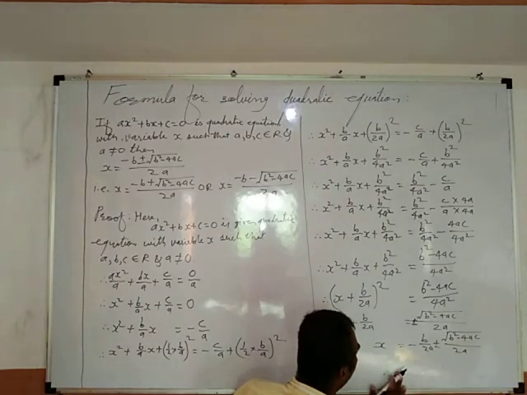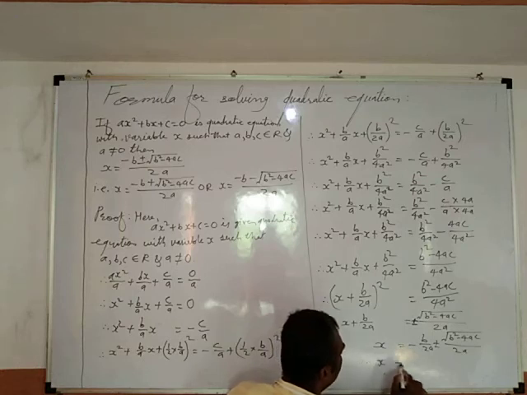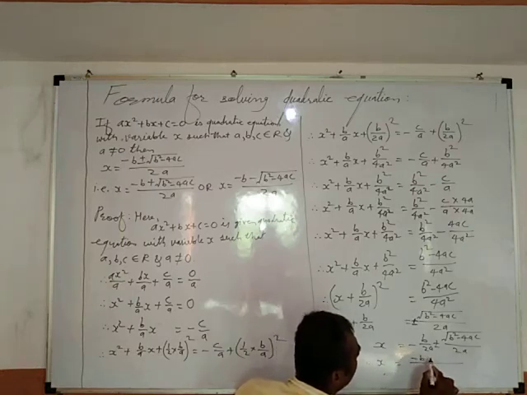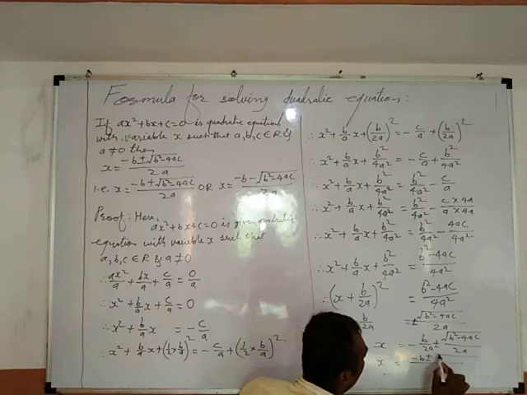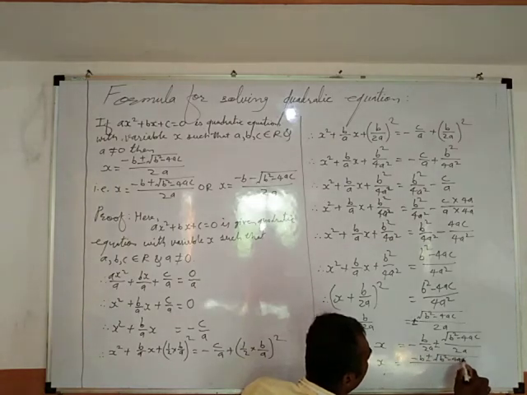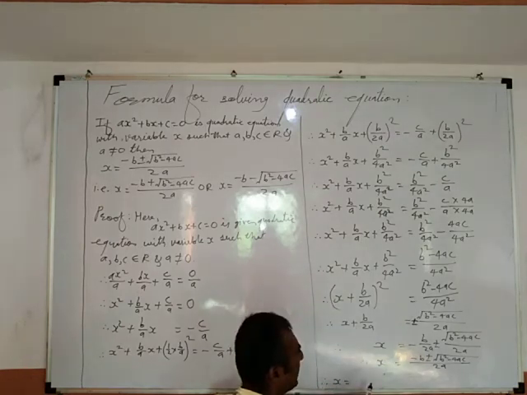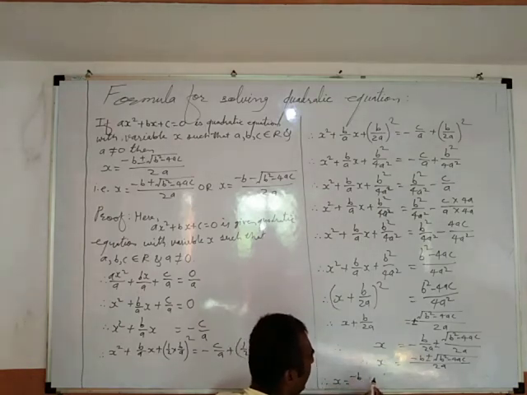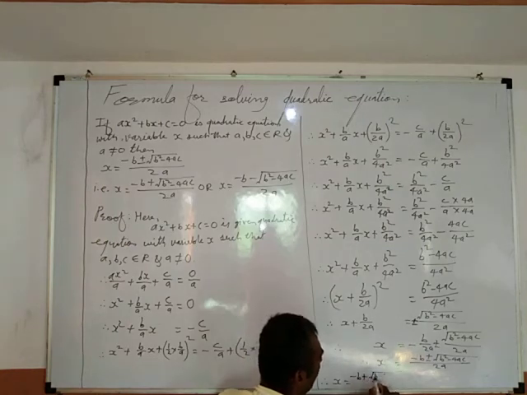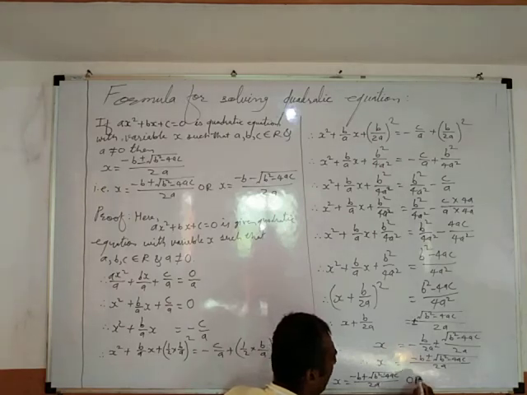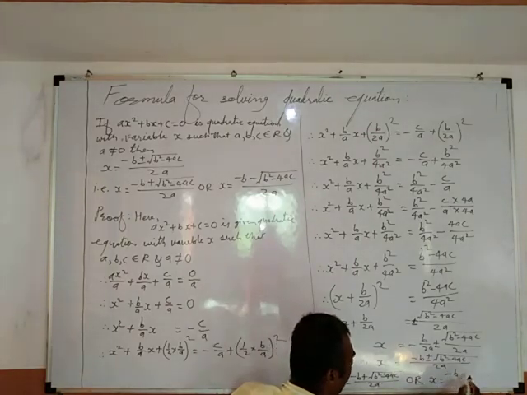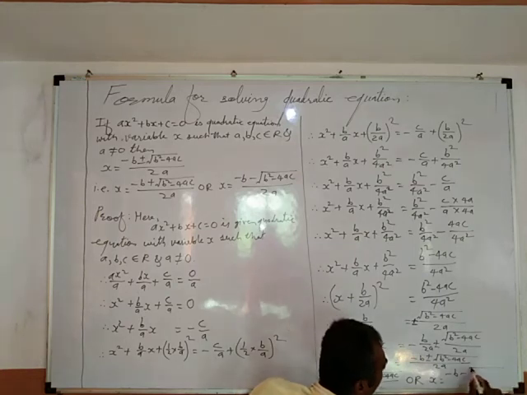By taking the common denominator, we get x equals minus b plus or minus under root b square minus 4ac upon 2a, and therefore we have the result x equals minus b plus under root b square minus 4ac upon 2a, or x equals minus b minus under root b square minus 4ac upon 2a.